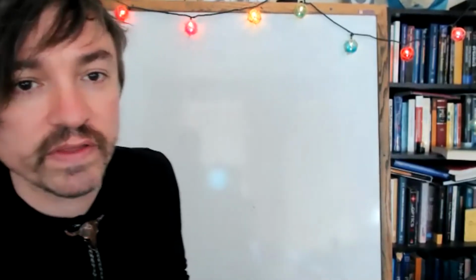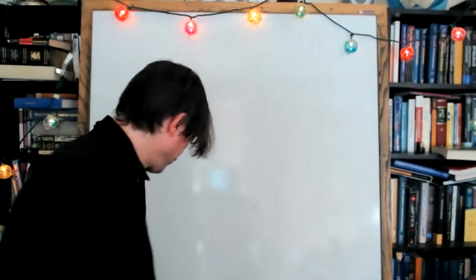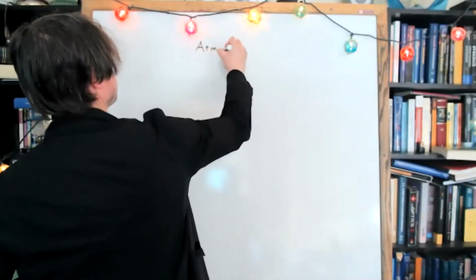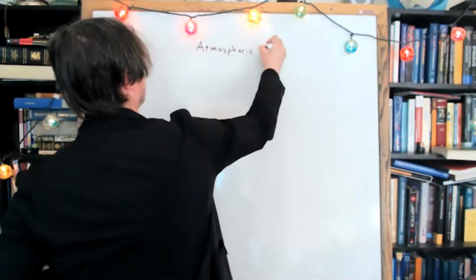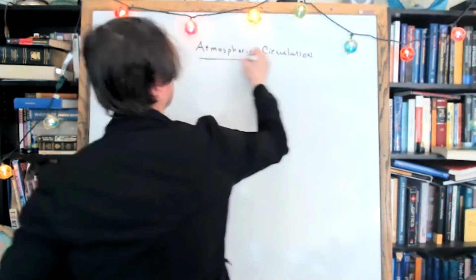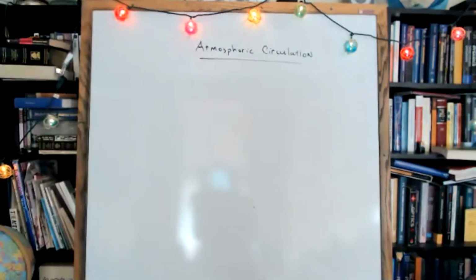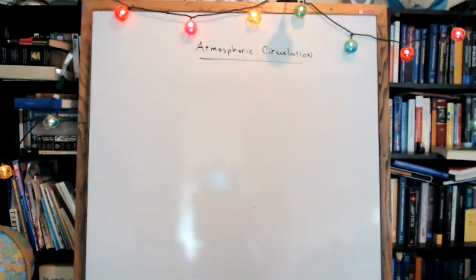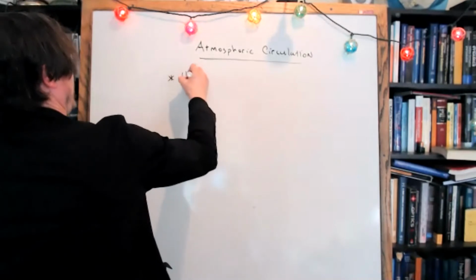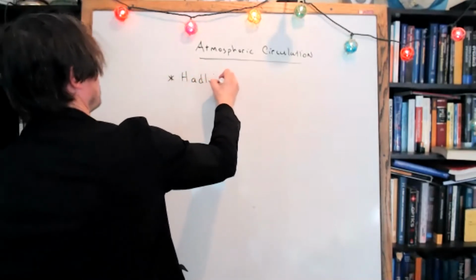Let's take some quick notes on this. So let's title this Atmospheric Circulation. Our first key concept of the day is the concept of a Hadley cell.